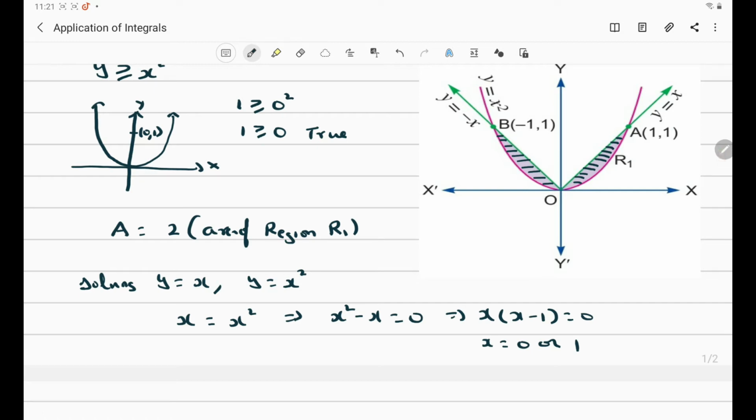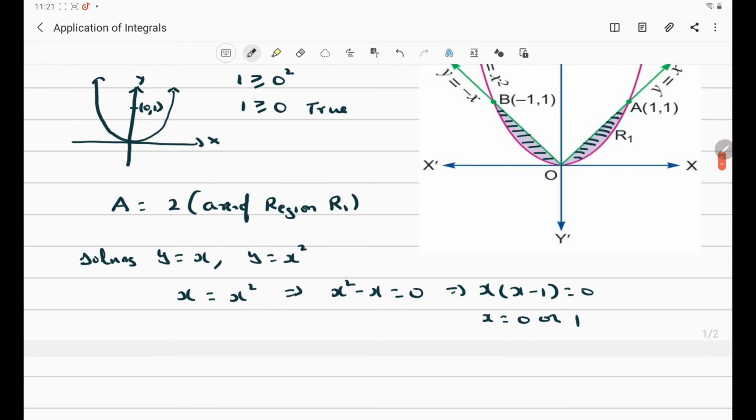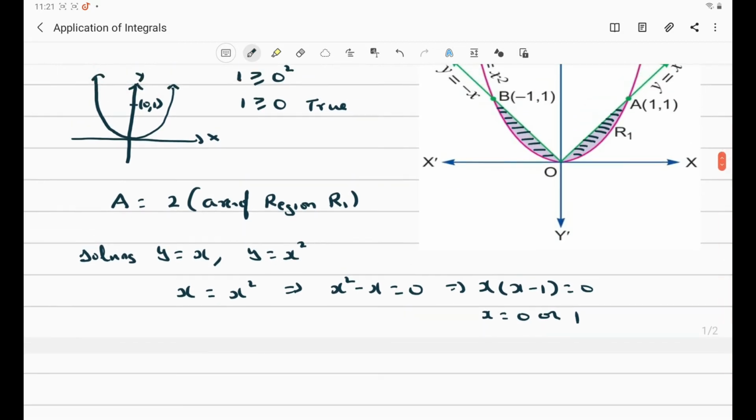Now here if we observe the modulus graph y equal to modulus of x, we observe that the line which is passing through the first quadrant has the equation y equal to x, and the line which is passing through the second quadrant has the equation y equal to minus x. So here we could observe that this line y equal to x intersects the parabola at x equal to 0.